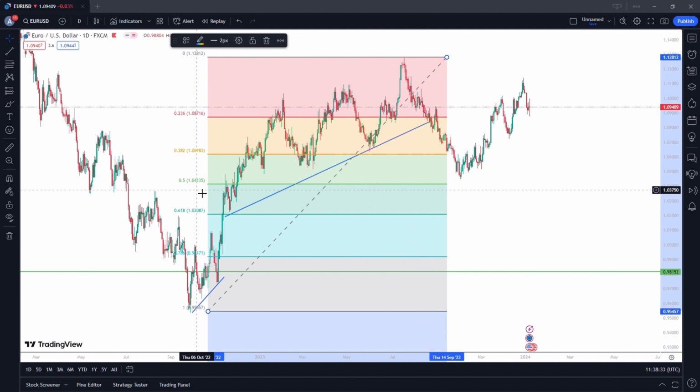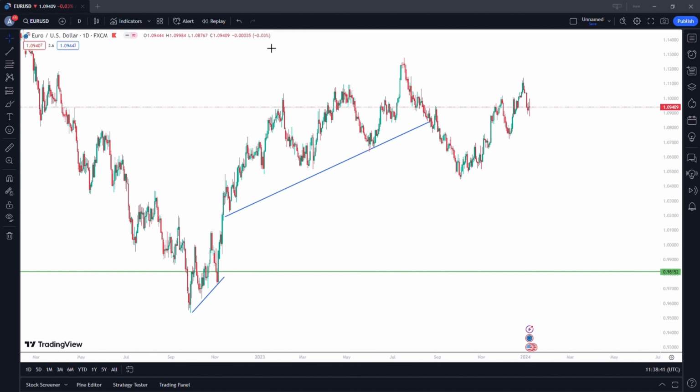You see, 0.5, that's 50%. This zone over here. Can you see? So this is enough for the market to stop and turn and keep going in this direction. So now we are still holding our position that the market is in an uptrend.